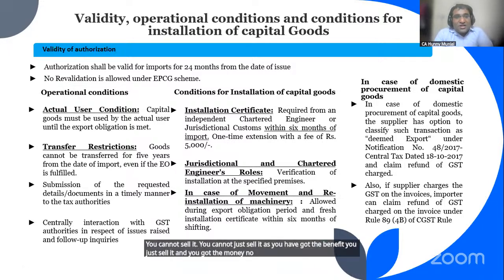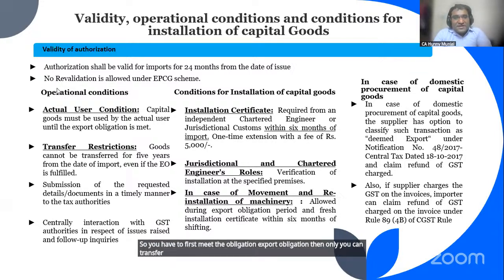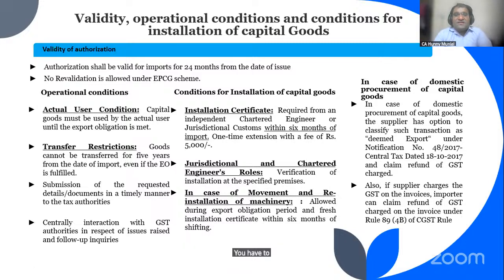No, you cannot sell it. You also cannot transfer it within 5 years of the date of import. So you have to first meet the export obligation, and only then can you transfer. So it is a very strict actual user condition. You have to use these goods yourself for the production of export goods.